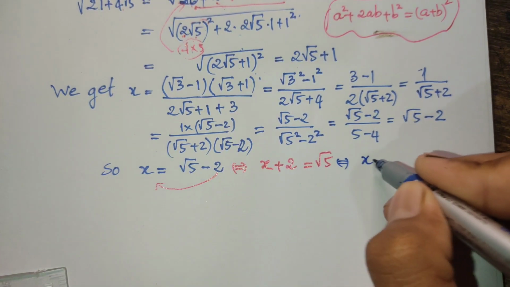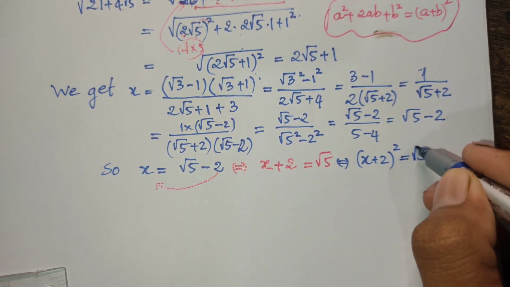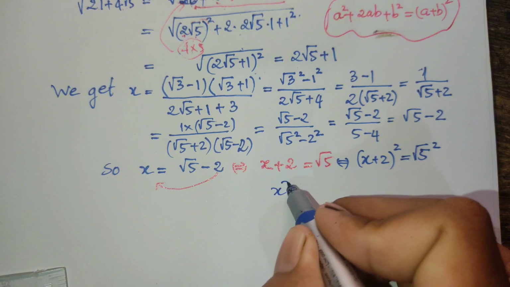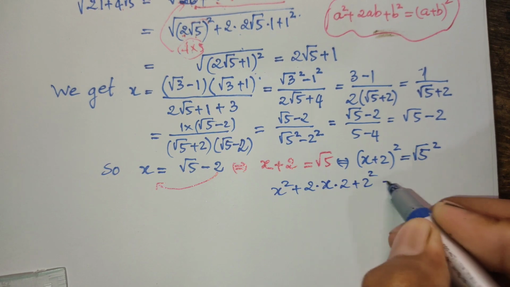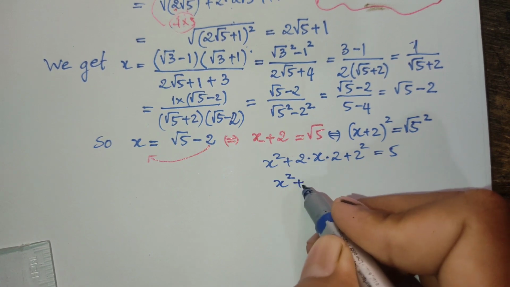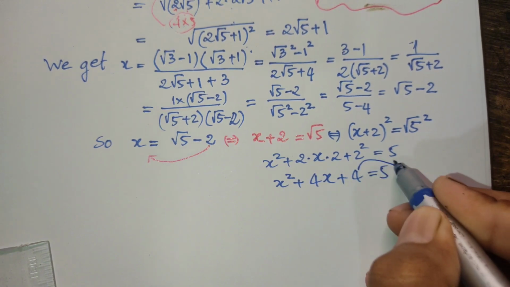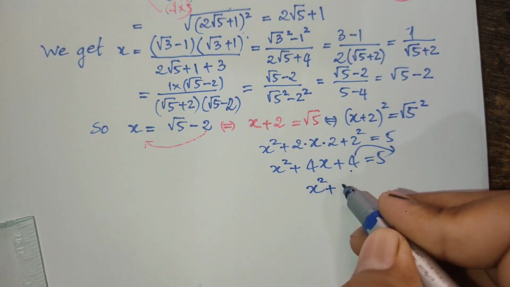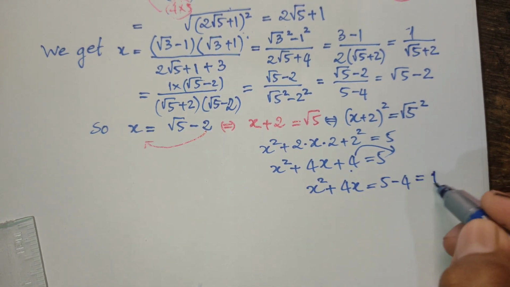We get (x plus 2) all squared equals square root 5 squared. This gives x squared plus 2 multiplied by x multiplied by 2 plus 2 squared equals 5. Now we get x squared plus 4x plus 4 equals 5. And I move 4 from the left side to the right side. So I get x squared plus 4x equals 5 minus 4, which equals 1.